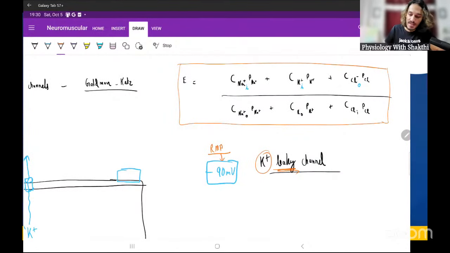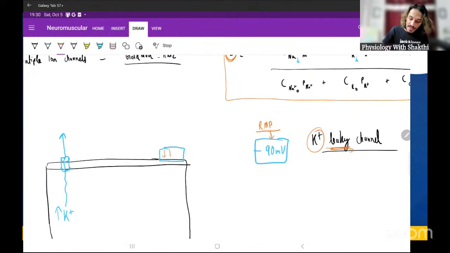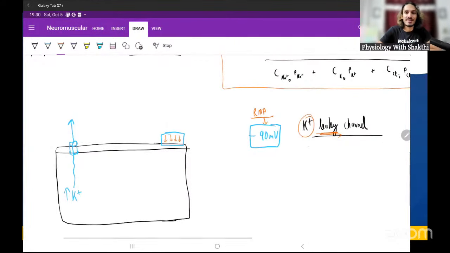So somehow the membrane potential will be closer to that. At rest, everybody is trying to achieve its equilibrium. Okay, so the membrane potential which is here will be closer to the equilibrium potential of that ion species which is more involved over here. So what is the main reason for your resting membrane potential? That is your leaky potassium channels. That's not all.